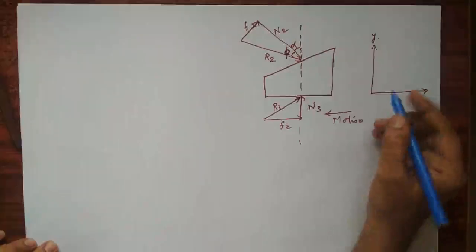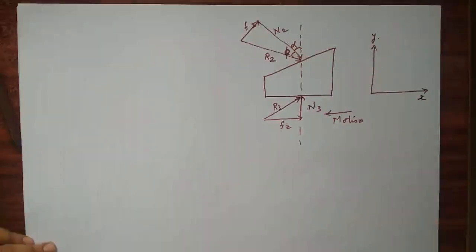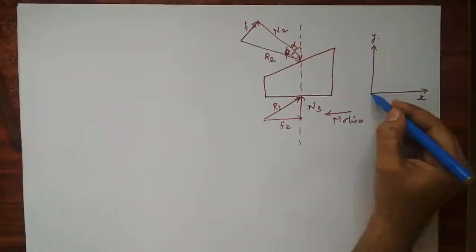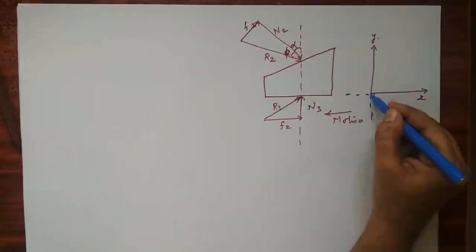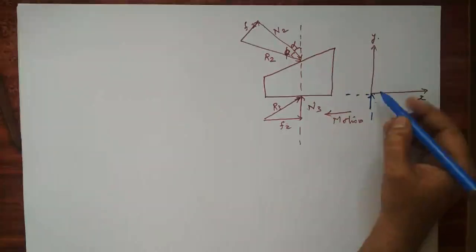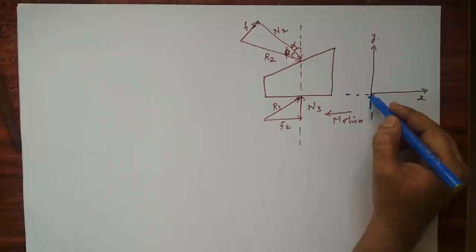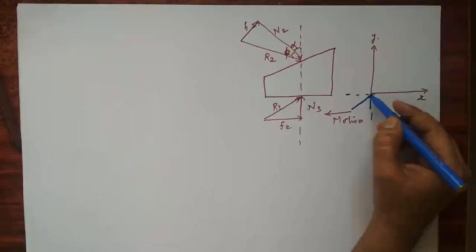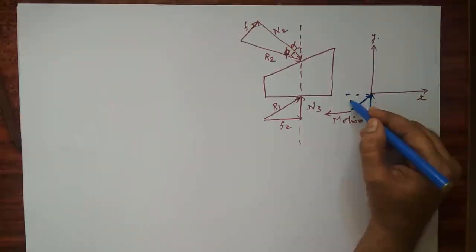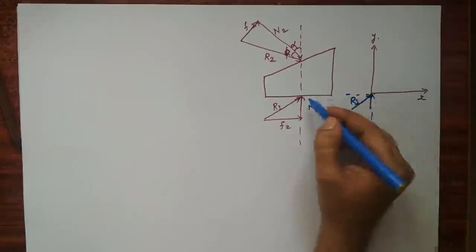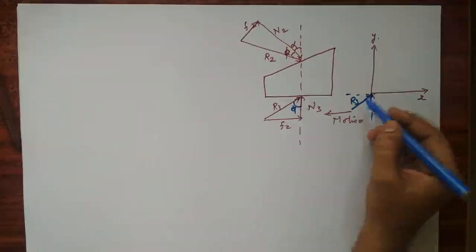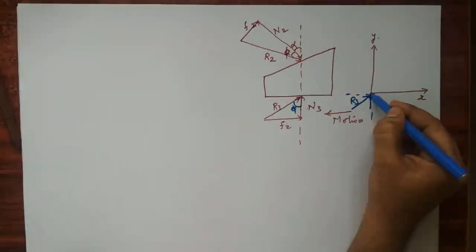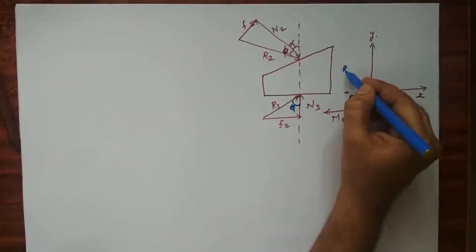Now here I am taking only the resultants. So here the upward reaction acting in this direction is R3, so this is an angle of phi, this is R3, and this is R2.